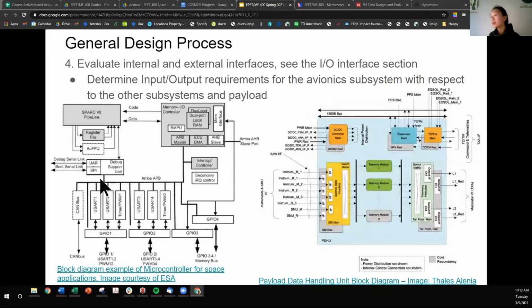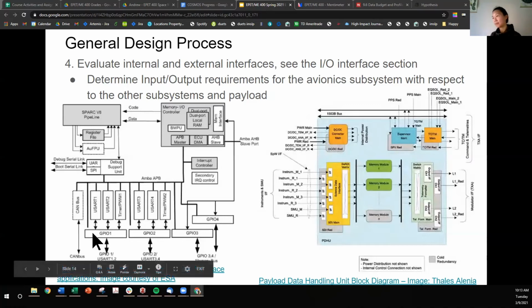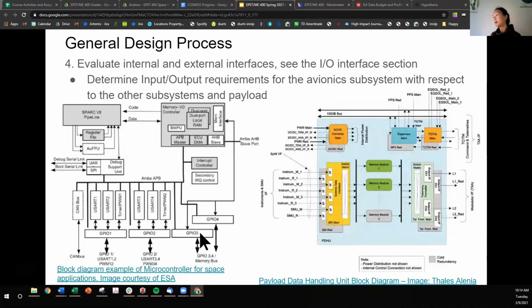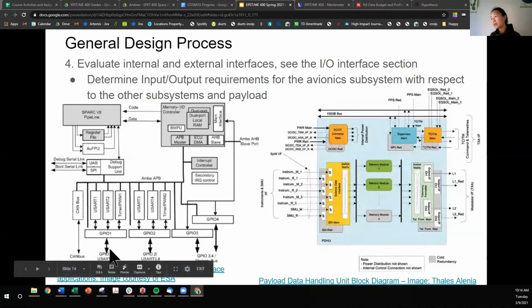Let's see, what else? SPI is another connector. So you can see here, there's a lot of data that's being passed, but also a lot of interfaces that need to be consistent and managed. GPIO is also another I/O. And those, it looks like, are going to different subsystems.